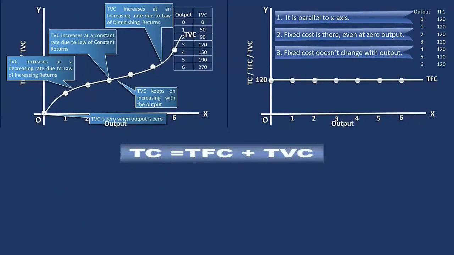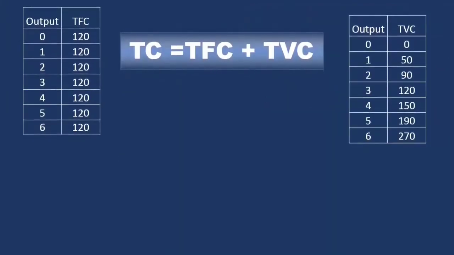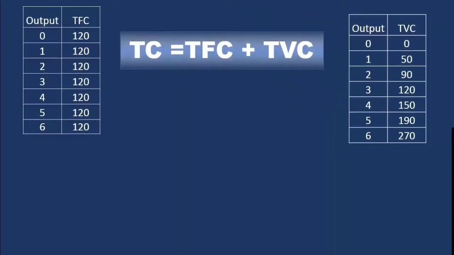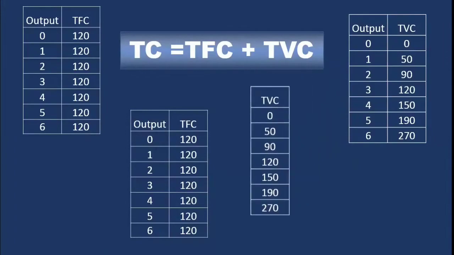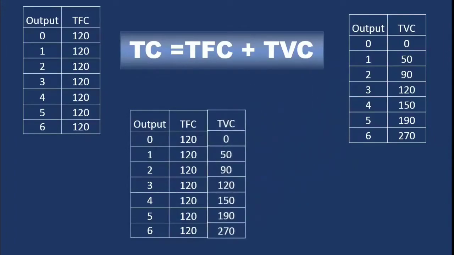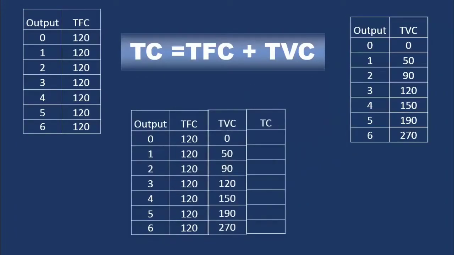Now let us see total cost, that is TC. So TC equals TFC plus TVC. When the TFC curve and TVC curve are combined together, we get total cost. Now as we know, the total cost is a combination of total fixed cost and total variable cost. Now what we will do, we will combine the total fixed cost and total variable cost together. After combining, a new table will be created on the right hand side. So that is total cost.